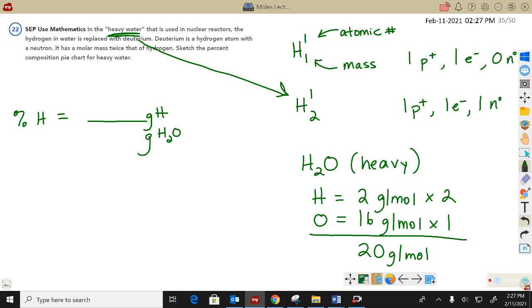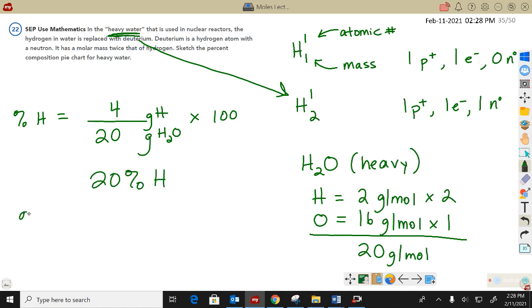Okay, so now I can say, well, the total mass of hydrogen, there's 2 hydrogen, they each have a molar mass of 2 grams per mole. So that would give me 4 grams of hydrogen, and the whole compound has a mass of 20 grams. Multiply it by 100 to get a percent, and we're all good. 4 divided by 20 should be about 20%, right? So we'd say it's about 20% hydrogen.